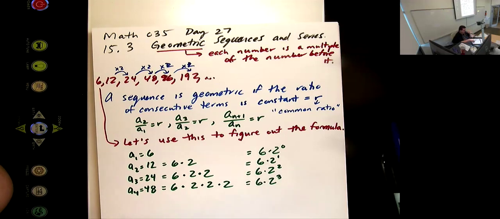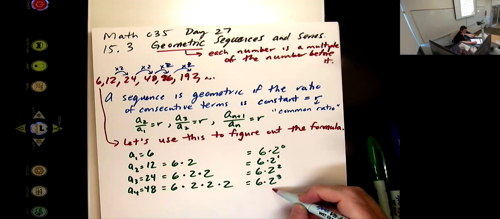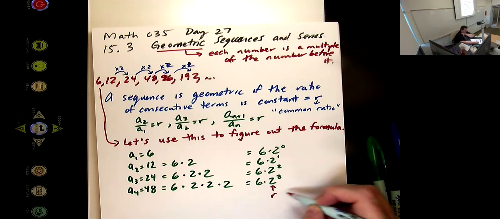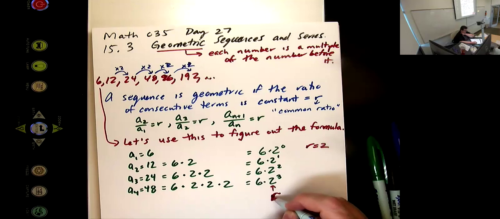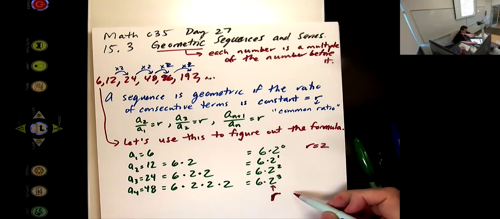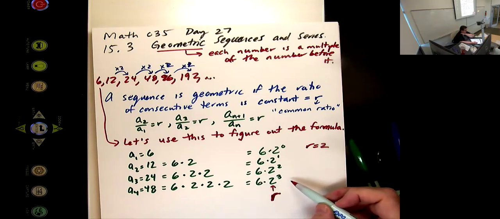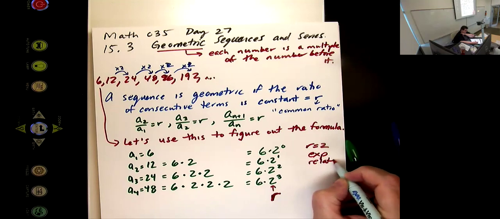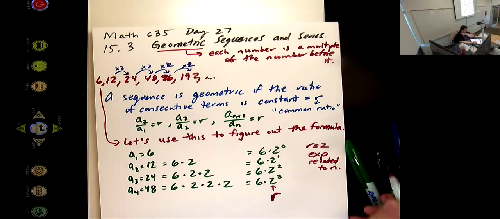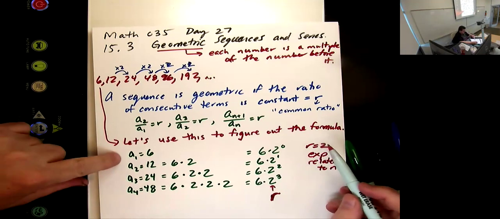But if we wanted to write this as a formula, we can see that this 2 is that R. So R equals 2. And it's going to have an exponent on it, and it looks like the exponent is related to n, but it's not directly n. When n is 1, we've got 0.